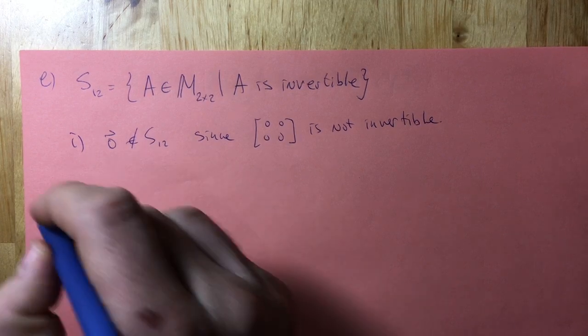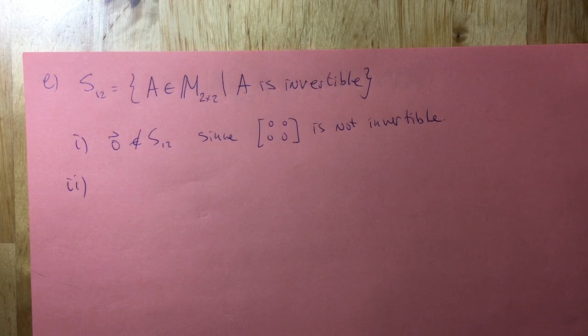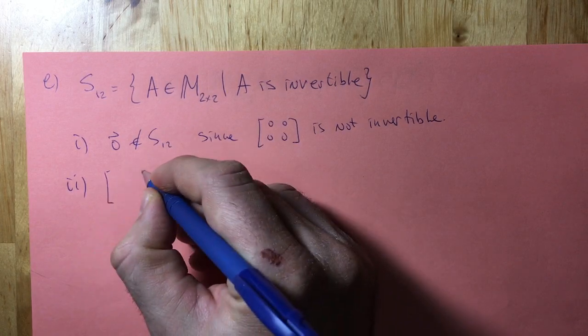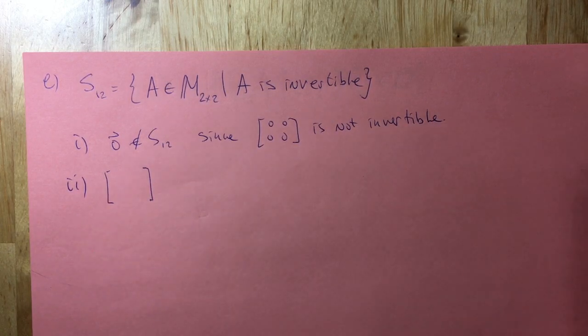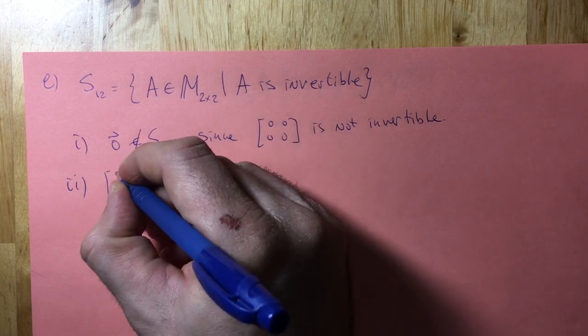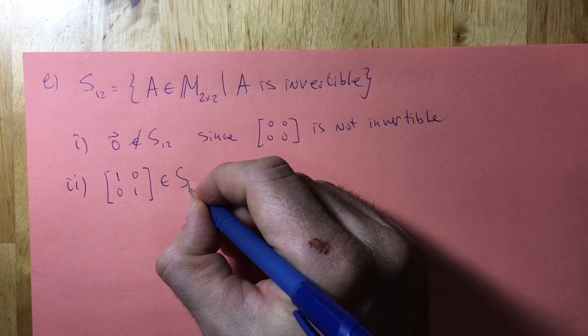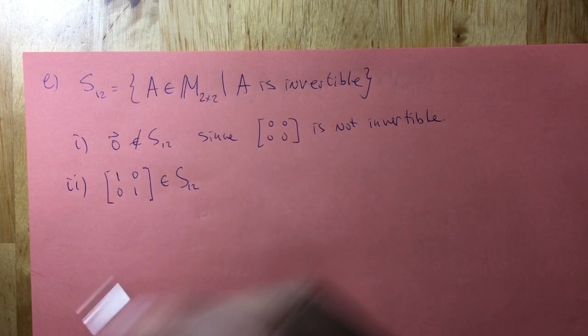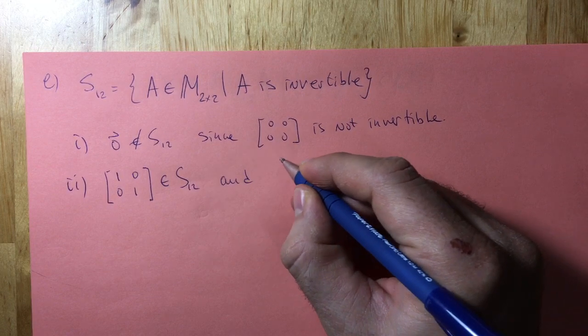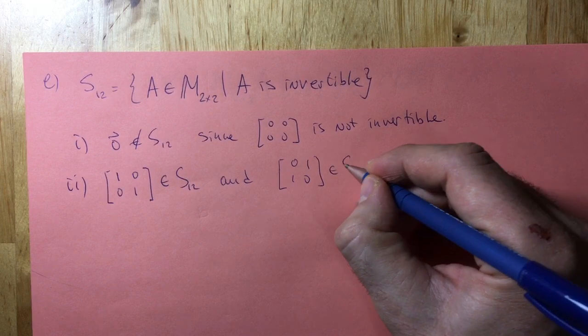To show that it's not closed under vector addition, take two particular vectors from S12, that means two invertible 2x2 matrices. Let's go with the easiest one, the identity matrix. Obviously, this is an invertible 2x2 matrix, and let another matrix be 0 1 1 0, which is also in S12.